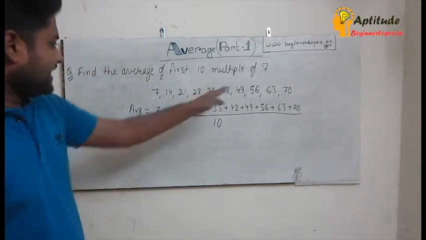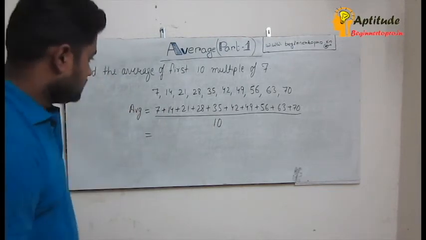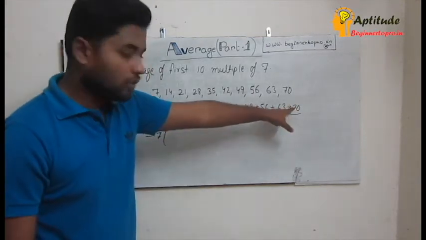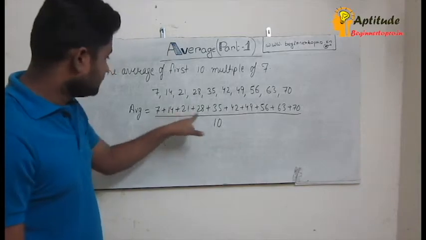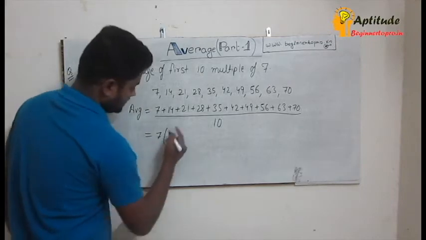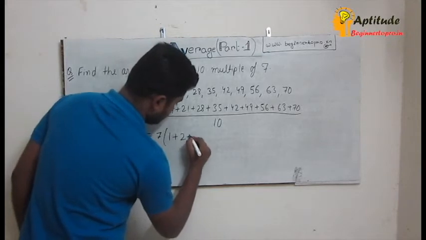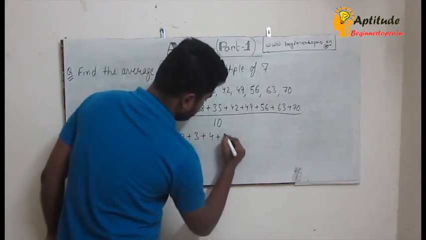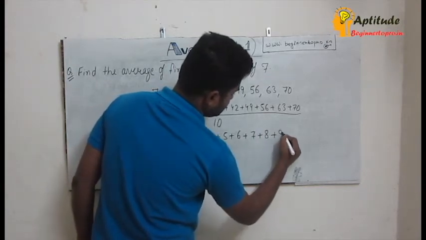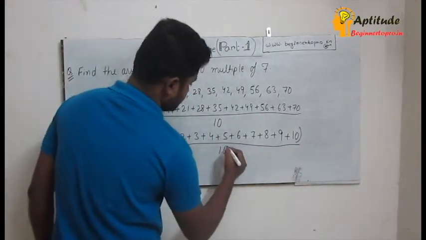Now, we can add these numbers, but we will try a shortcut way. Can we take 7 common from all the above terms, that is 7, 14, 21 till 70? When we take 7 common, this can be written as 7 times 1 plus 2 plus 3 plus 4 plus 5 plus 6 plus 7 plus 8 plus 9 plus 10, upon 10.